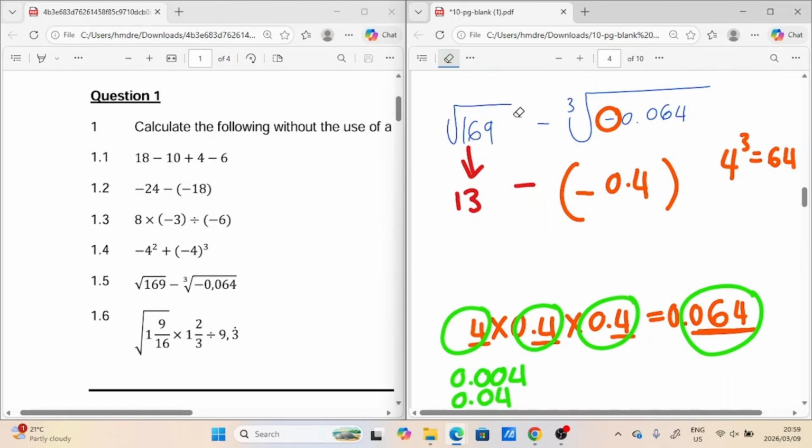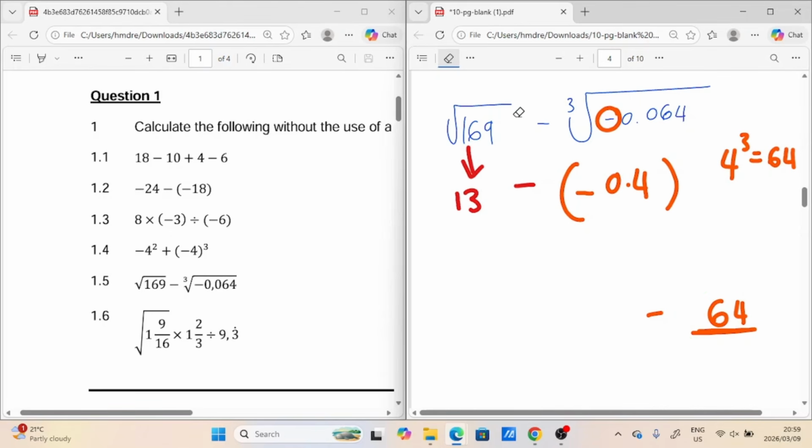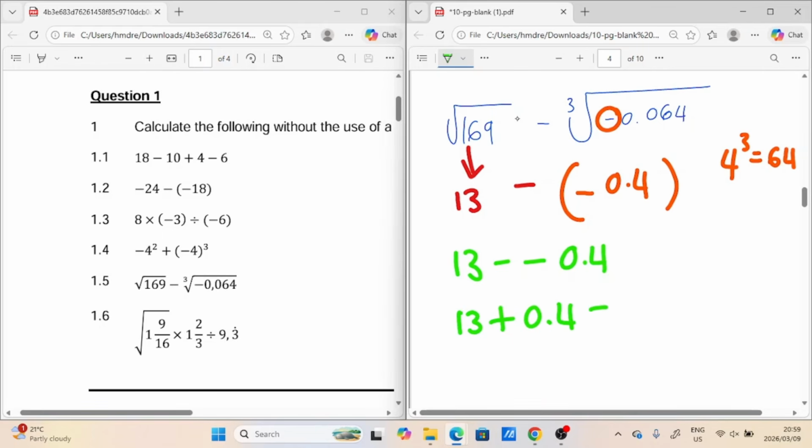I'll just erase this part here. Okay, so then we've got 13 minus negative 0.4. A minus and a minus makes a plus, so this is going to be 13 add 0.4, which is just going to be 13.4.